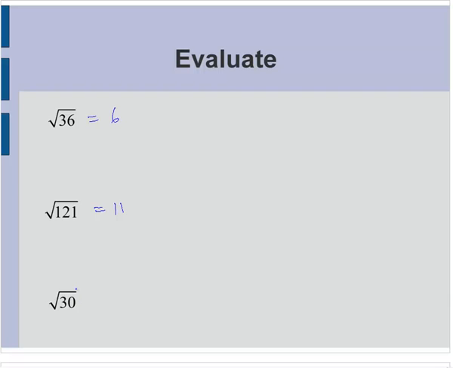Now, I've got a calculator handy, and my calculator tells me that the square root of 30 is 5.4772255575. But it's not exactly correct. In fact, this is only an approximation.